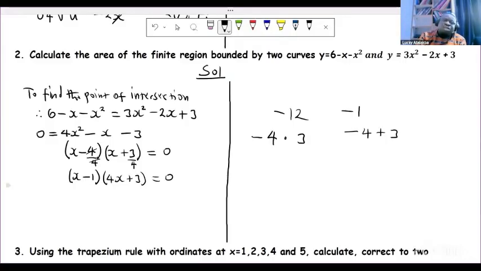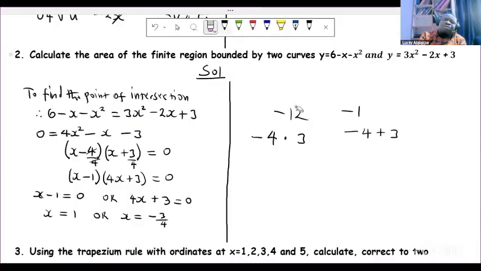So using the zero product rule, x minus 1 is equal to 0, or 4x plus 3 equals 0. So x is equal to 1, or x is equal to negative 3 over 4.